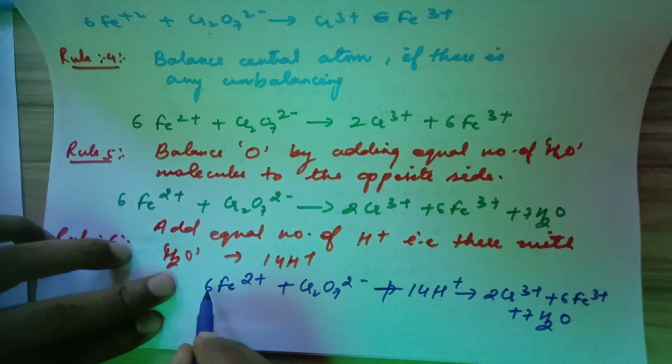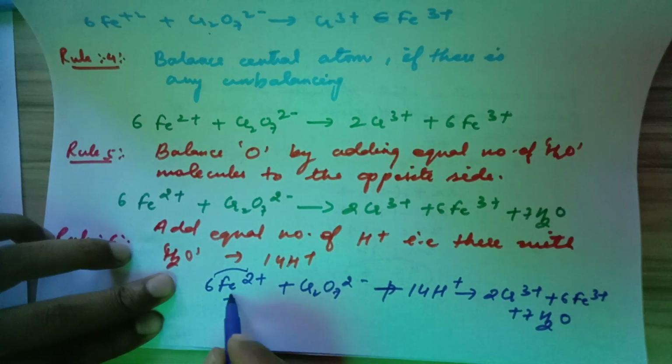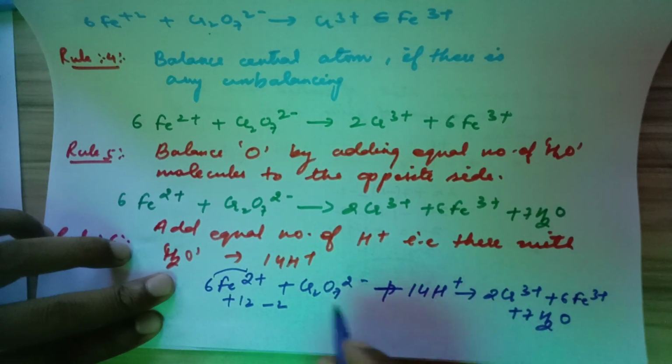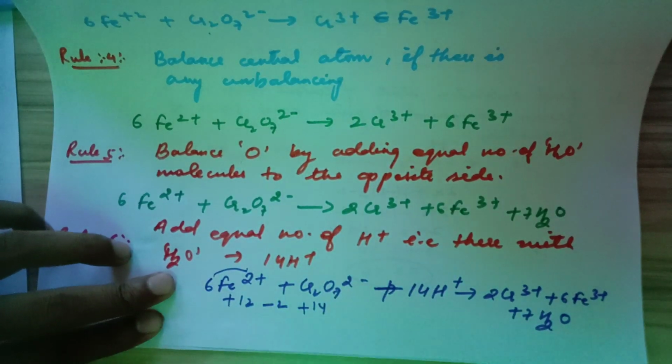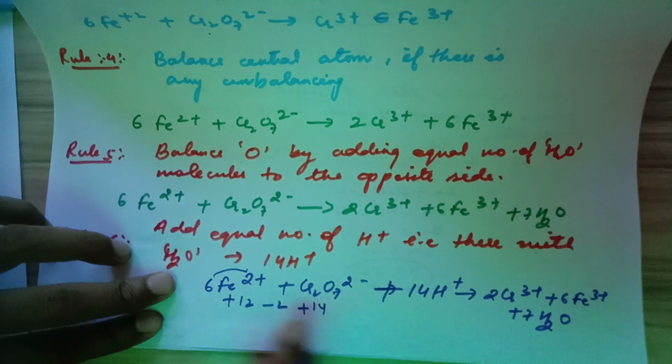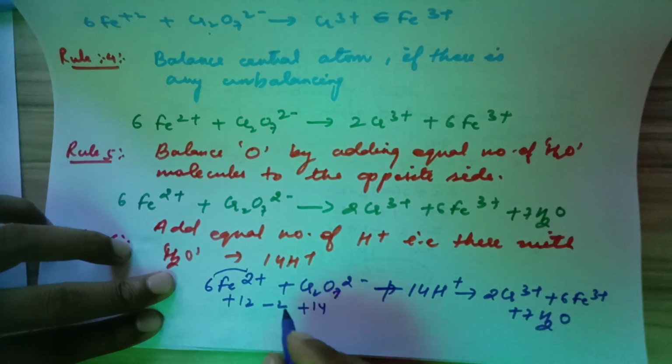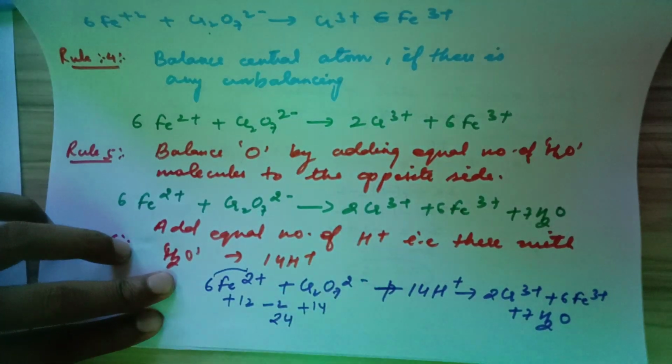Now here the total charge is plus 12, here it is minus 2, and here it is 14 plus, so it will be plus 14. Now if you add and subtract this, 14 plus 12 is 26, minus 2, it will be 24.